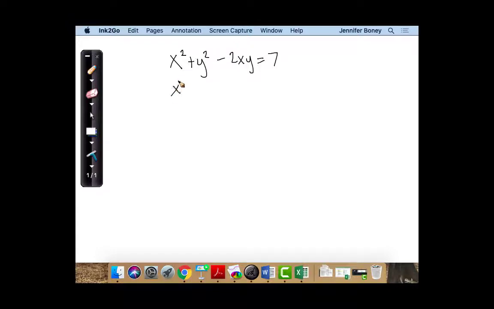So if I write x squared plus f of x cubed, minus 2x times f of x equals 7, and take the derivative of each side of this expression with respect to x. Let's just scoot this over a little bit.